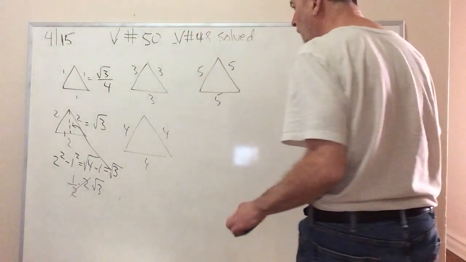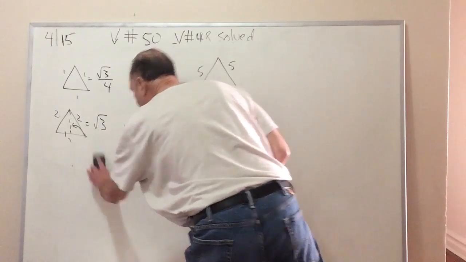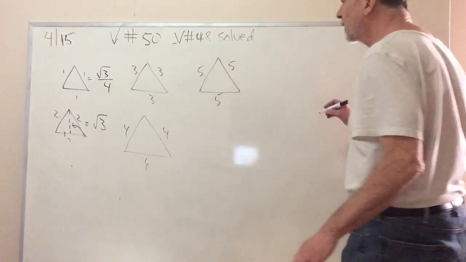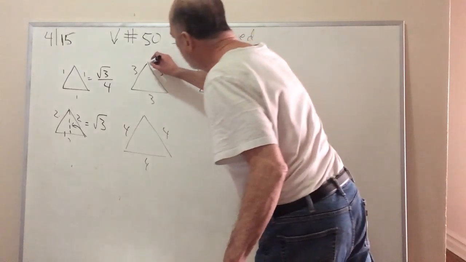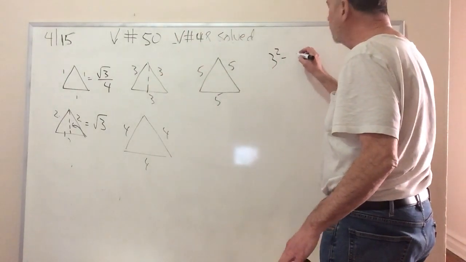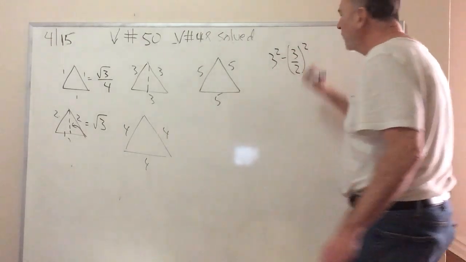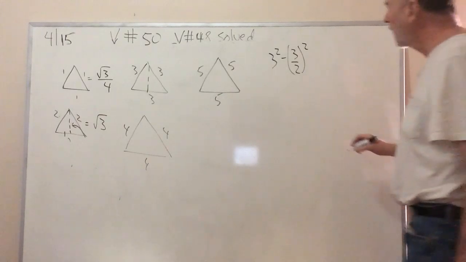I'll do it over here, and I'll erase this so we can focus on what we really want to do. Okay, so let's take a look at this. Again, I cut it in 2, and I have 3 squared. I'm working fast now because I'm presuming that you understand where I'm coming from at least. And there it is. I need to find the height here.